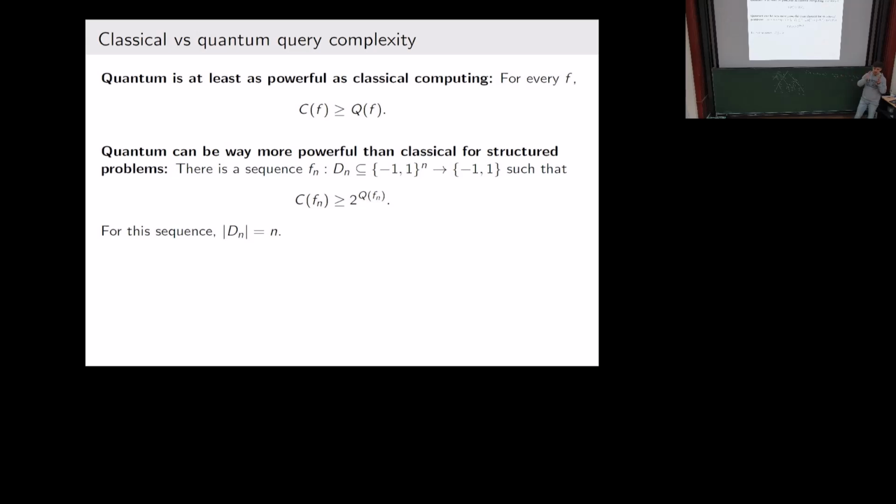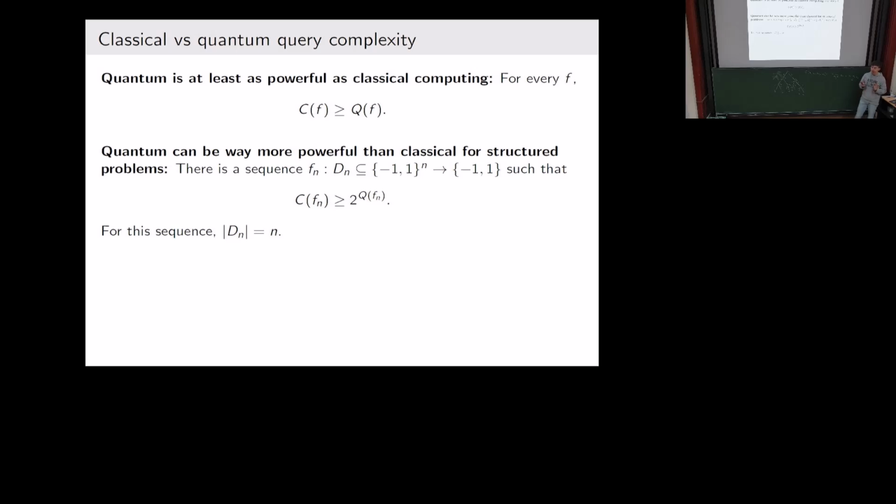So if you know that the domain is very small, you know that the input you're going to get is not a random element of the Boolean cube, but a very special, very structured one, because it belongs to a very small domain. There is a sequence of Boolean functions with a very small domain that witness an exponential separation between classical and quantum query complexity.